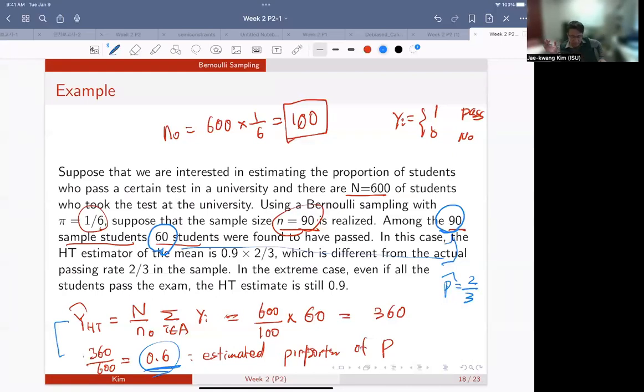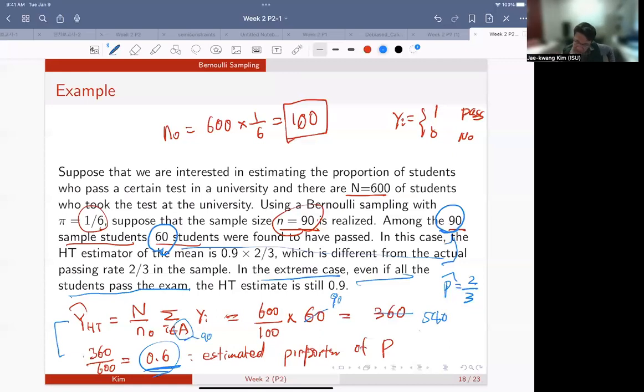That is quite weird, because even if all the students pass the exam, right? If all the students pass the exam, among the 90 we have 90, then we should have 540.